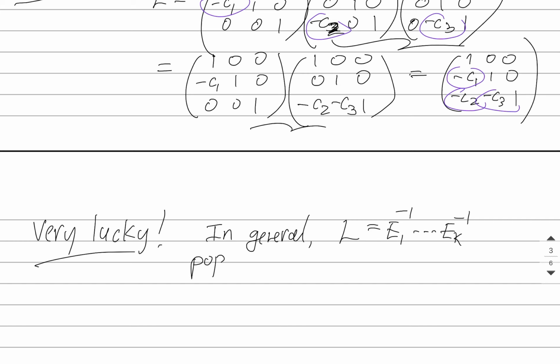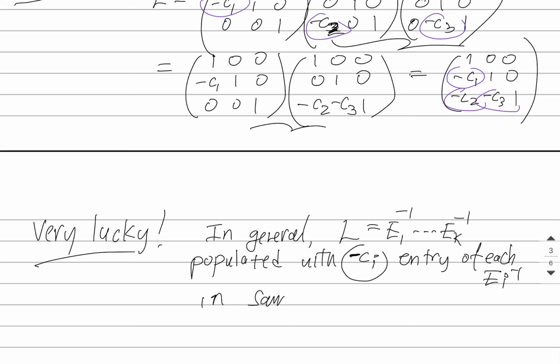This L is populated with the c_i entry, the negative of the c_i entry of each E_i inverse, in the same location.